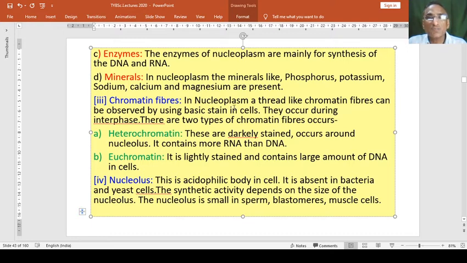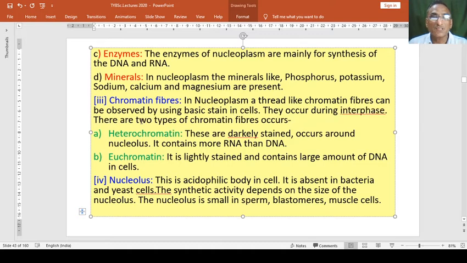In the nucleoplasm, a thread-like chromatin fiber is present, and that can be observed by using basic stain in the cells. They occur during the interphase stage. There are two types of chromatin fibers present in the nucleoplasm, that is heterochromatin and euchromatin.